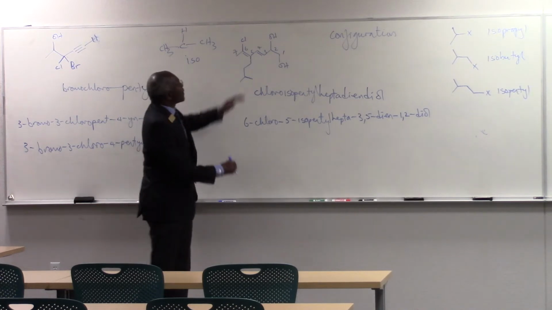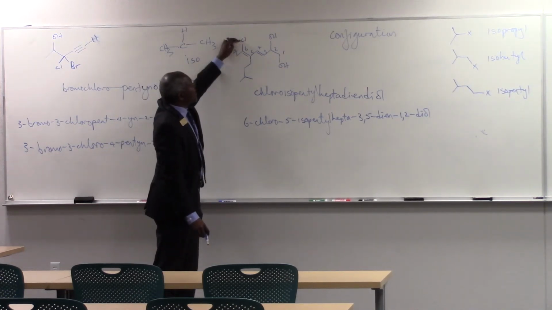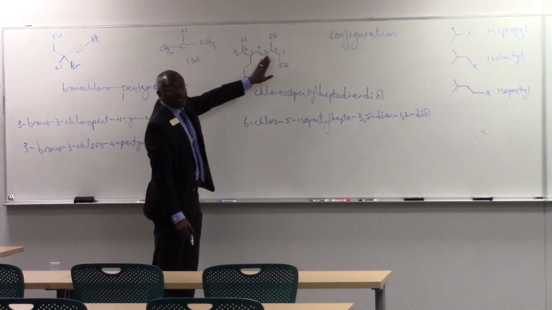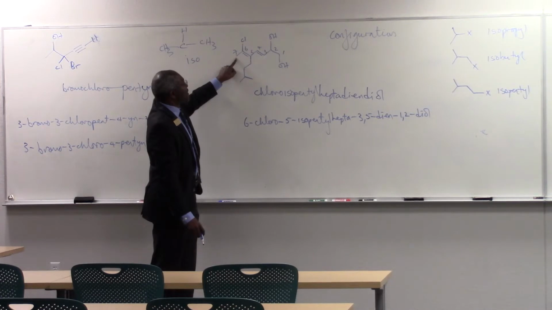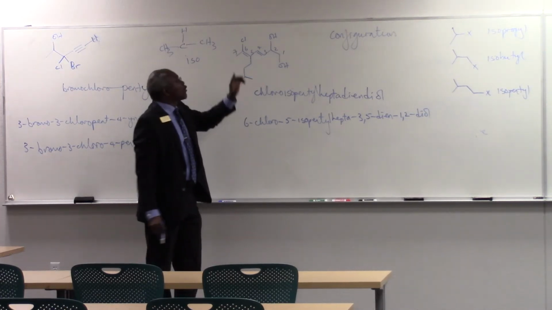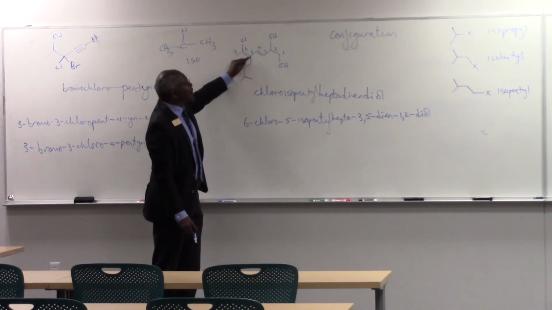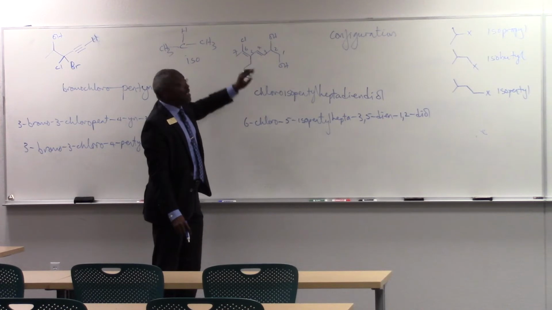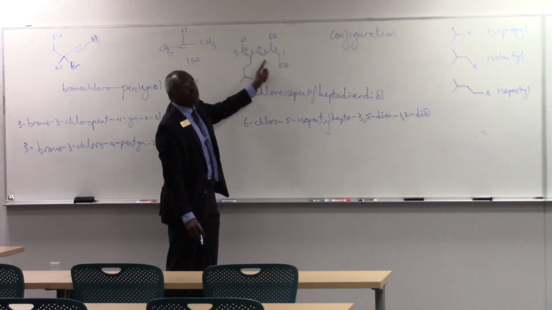Okay, what about the 5,6 double bond? Well, I've got a chlorine here, but there's no chlorine on 5. There's a chlorine on 6, but not on 5. There's a methyl on carbon 6, but it's not on 5. So there is no group on carbon 6 that is repeated on carbon 5. Right? Unlike the case here where the H on carbon 4 is repeated on carbon 3.